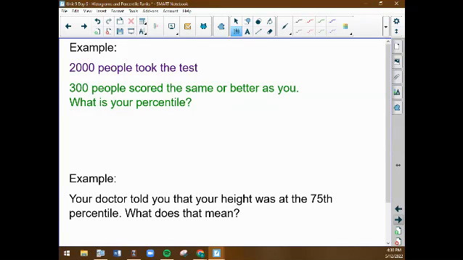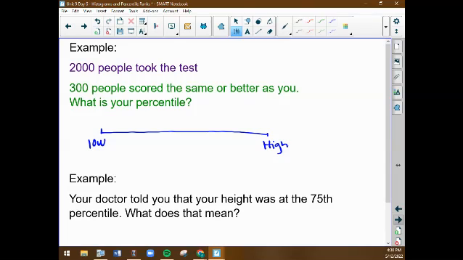So for an example, if 2,000 people took a test, 300 people scored the same or better as you. So let's think about this as over here representing the low scores and over here the high scores, thinking from left to right like an axis.